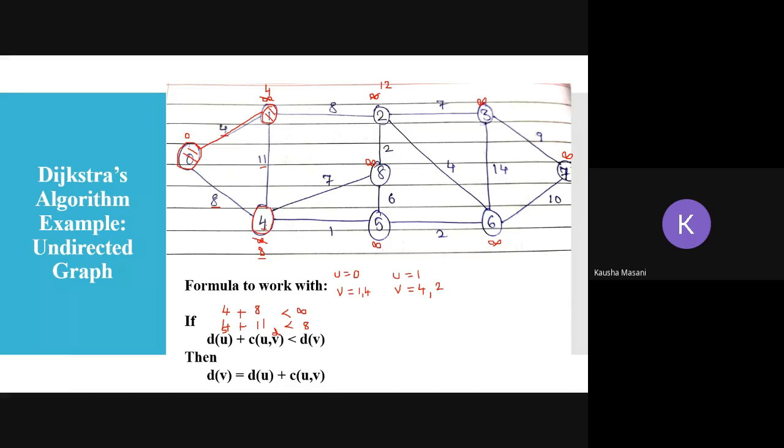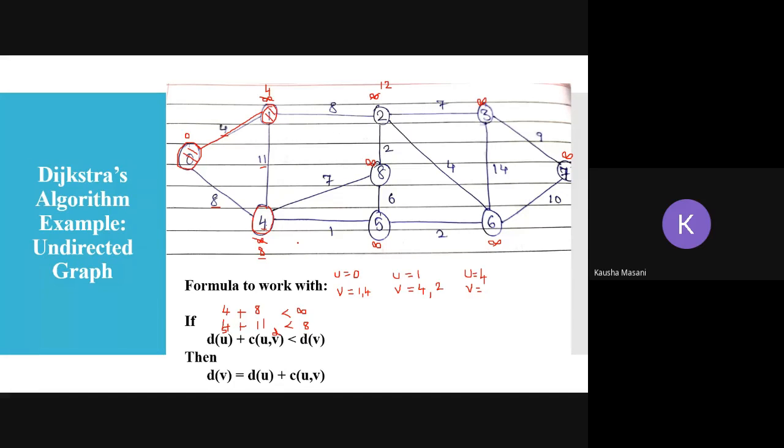Your u now is 4. What are the v values, the nearest vertices to 4? Which are those? 8, 5, yes, and 0 and 1, correct.